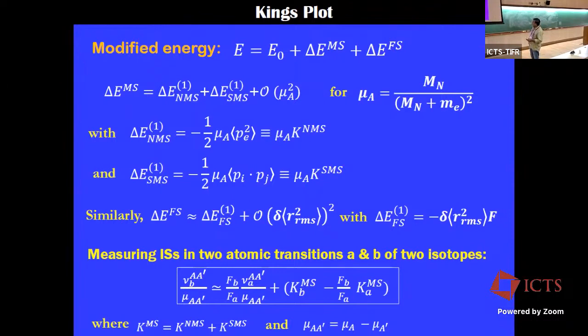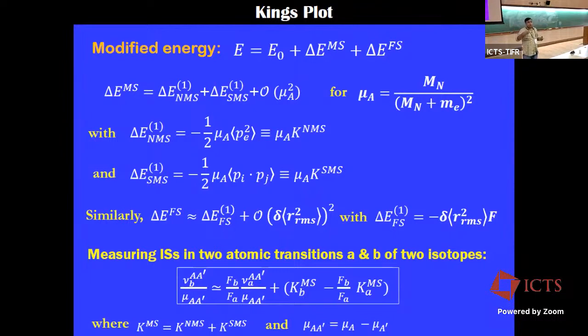Look at this expression, the normal mass shift, these quantities. Here pi dot pj means these are momentum-like interactions, right? So if the electron wave functions are far away from the nucleus, they will behave strongly. But the other one here, the field shift, comes from the nucleus.